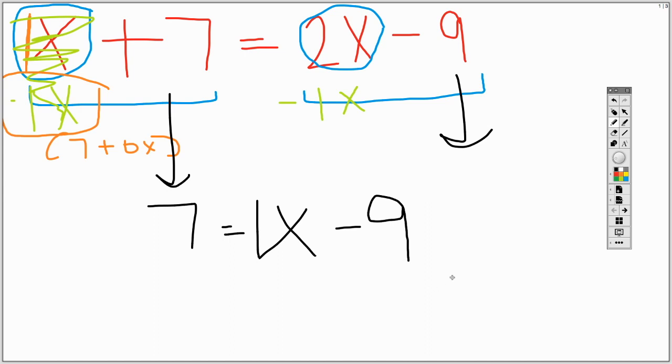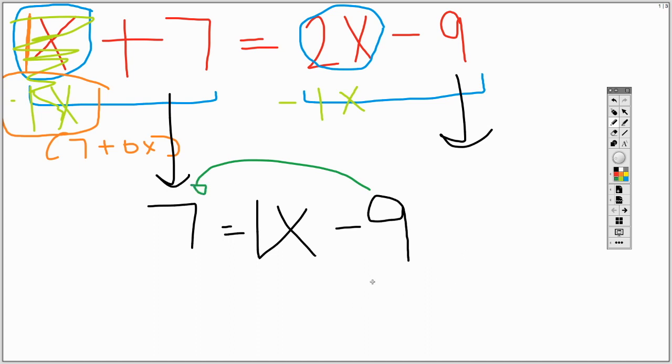So this is literally solving 1x variable equations, right? This is literally just 7 equals 1x minus 9, and we already know the drill on what to do here. So we will just carry the 9 here, as that will make it more balanced.